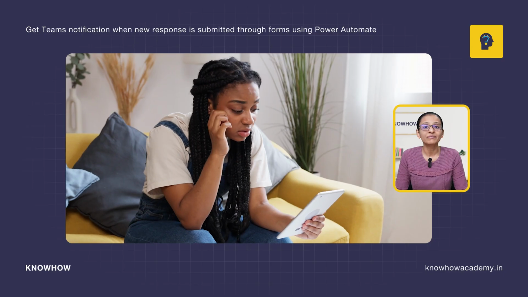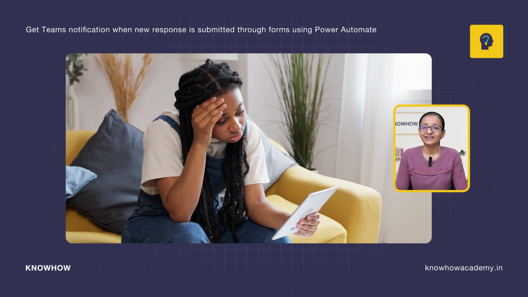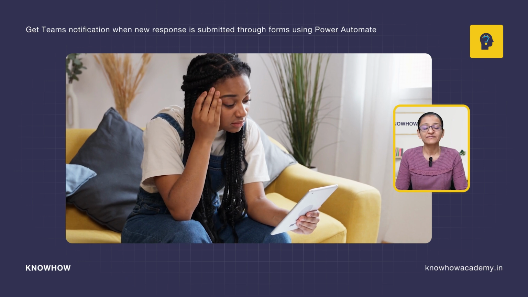So let me tell you the first thing: why you should automate notifications when someone submits a form response. As I mentioned in the scenario, manually checking form responses every time is time consuming, and we will not be up to date when a new response is submitted.